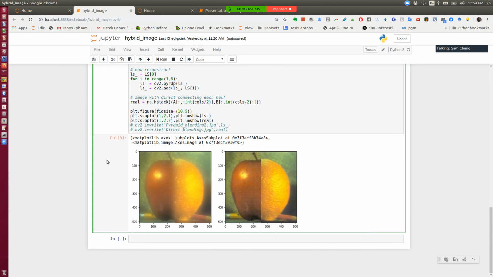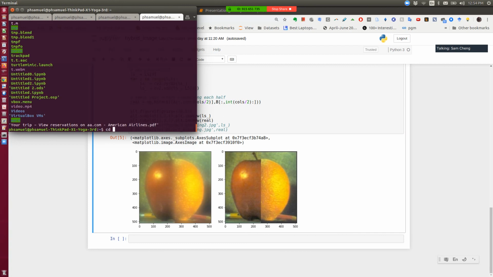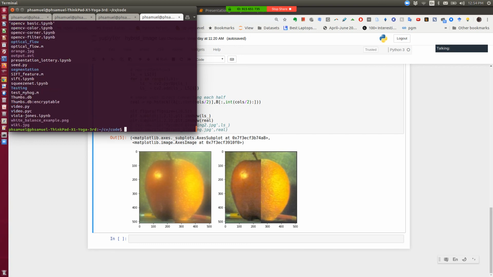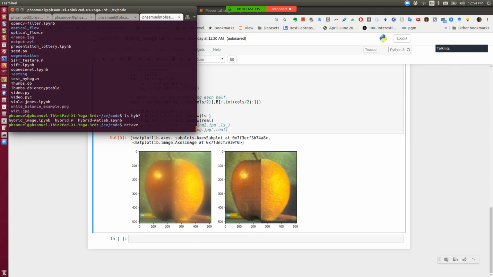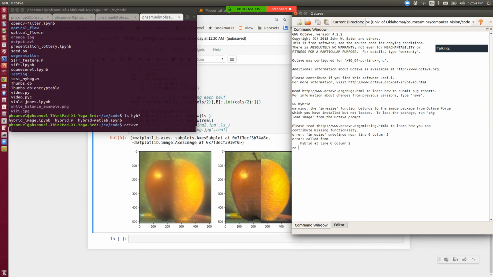I actually implemented this in MATLAB also in the past. I don't know whether I still have that code for MATLAB. Yeah, I have one. Let's see, image resize.